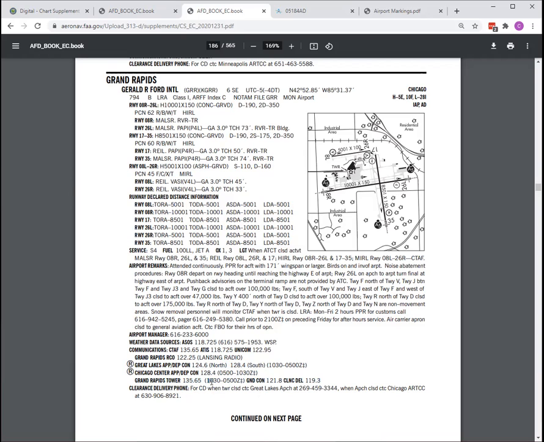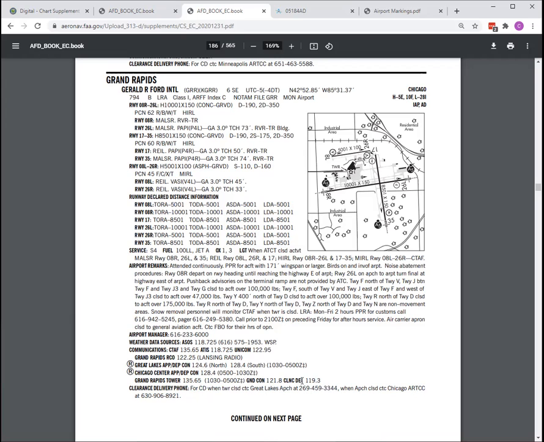And then it tells us that the tower is operational 10:30 to 5 Zulu. So between the times of 5 and 10:30, the tower will not be operational, and you would have to use the CTAF. We have ground frequency and clearance delivery frequency, and then it gives us some more information about clearance delivery.